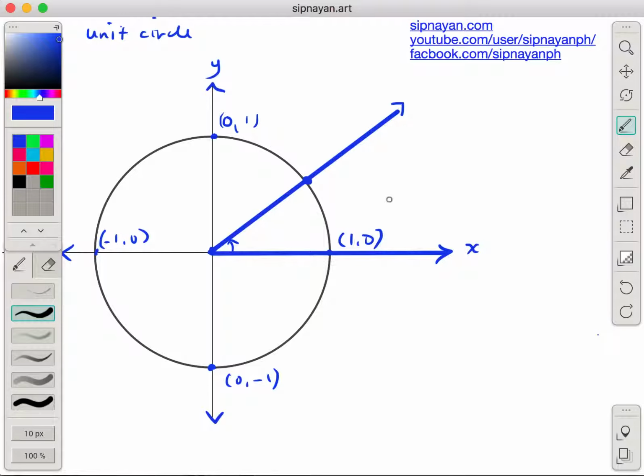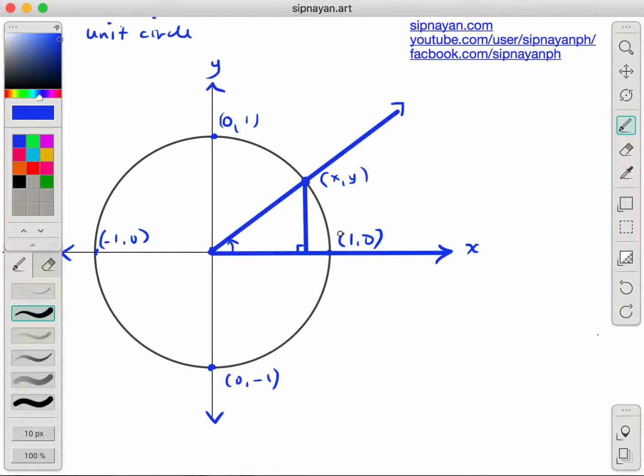Okay, so suppose we let the intersection of the ray and the circle have coordinates (x, y). Itong point na to, for example, ang coordinate niya (x, y). And if I drop a perpendicular line segment from here to the x-axis, then we will have a right triangle.